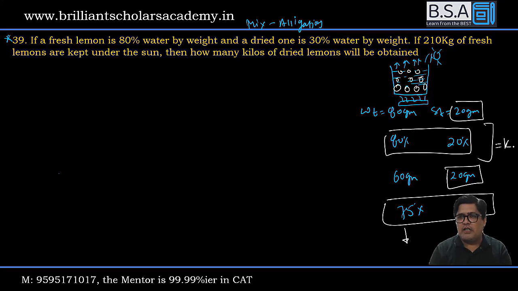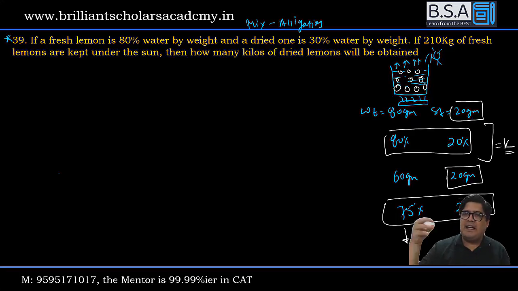It is a constant. So in all such questions where a fruit is kept under sun, or there's a sugar solution you are boiling, or there is a salt solution you keep under sun, in all such questions, equate the component not changing. Let us say I have some milk solution. Milk solution will have milk and water.